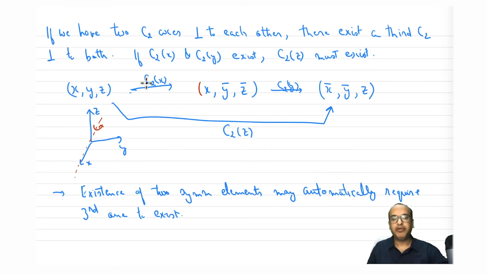For example, here we have seen that C2x and C2y were existing, and because of their presence, C2z must exist. So it's the existence of C2x and C2y that is directing the existence of C2z, right?